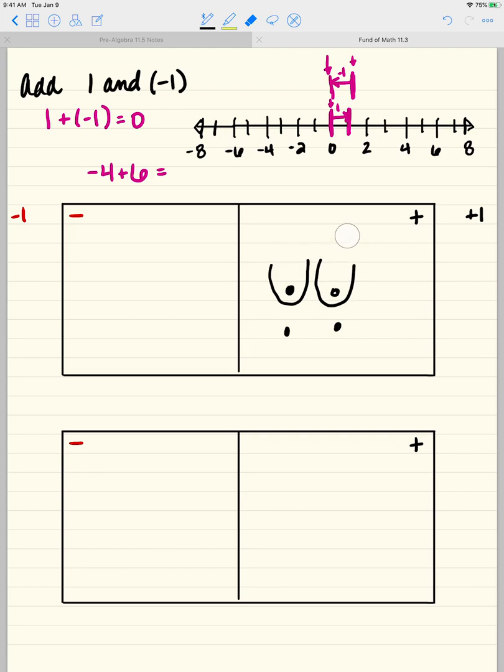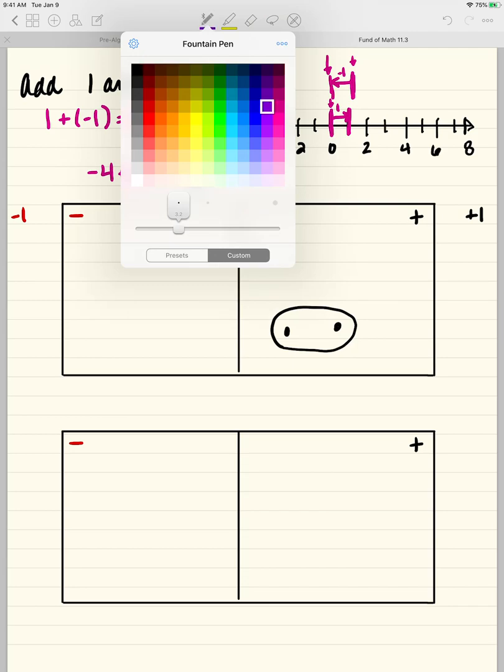What I can do here is just erase them. So those are gone. What am I left with? I'm left with 2 on my positive side. So -4 plus 6 is equal to +2. Okay, +2.